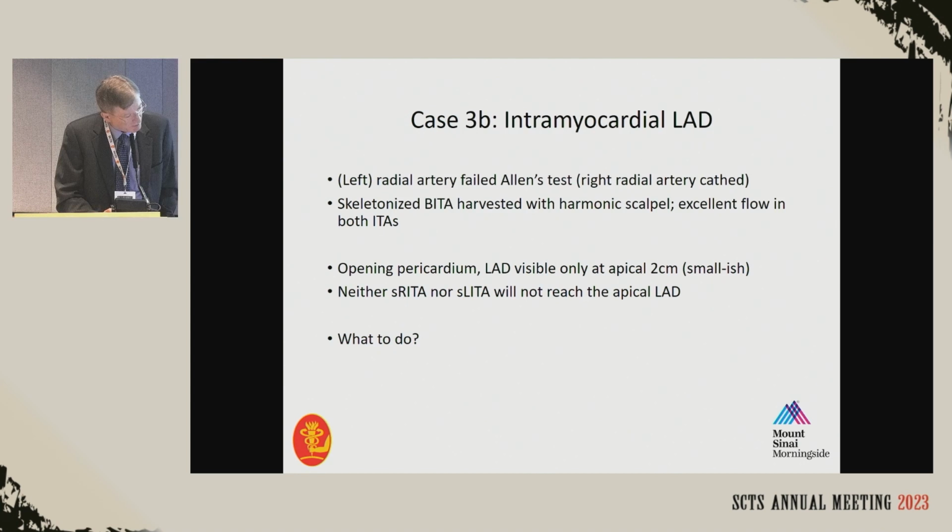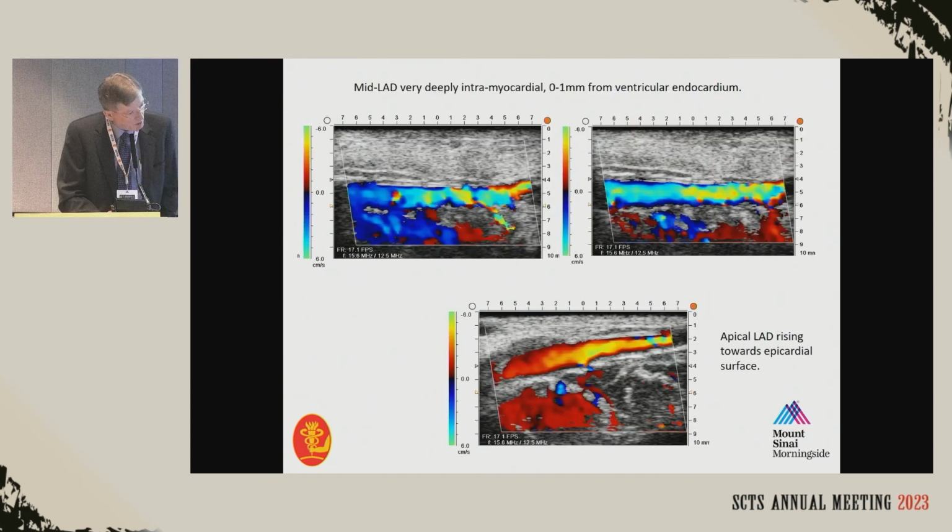Okay, we open the pericardium, and we can only see the LAD at the distal, truly at the apex, where it's relatively small, but it's far away and the LITA will not reach. What are we going to do? We go looking with the probe first, and the mid-LAD was very deeply intramyocardial, basically intimate with the ventricular endocardium.